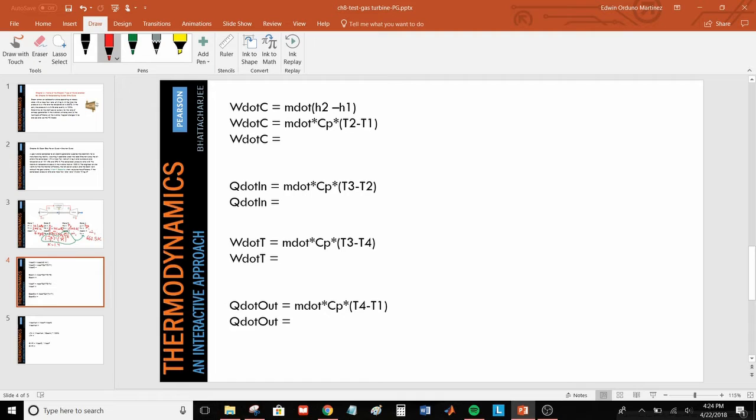Now with this, we can solve for the power in the compressor, using the equation m dot times the change in specific enthalpy.